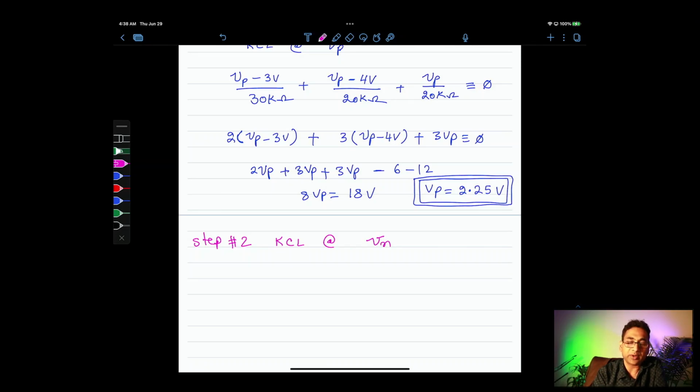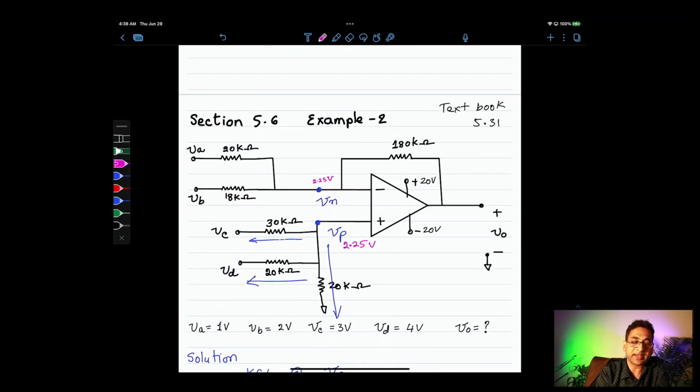Once we want to write KCL at node Vn, we look at how many currents: 1, 2, 3, 4. The current going in here is 0, not surprisingly. Let's look at the current flowing in this branch: Vn minus Va over 20k. The current flowing in the bottom branch is Vn minus Vb over 18k.